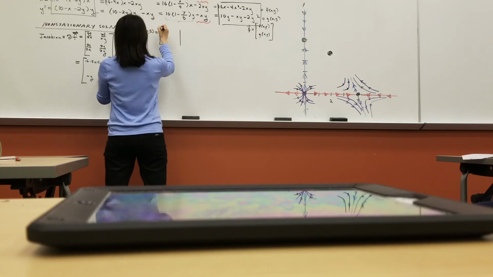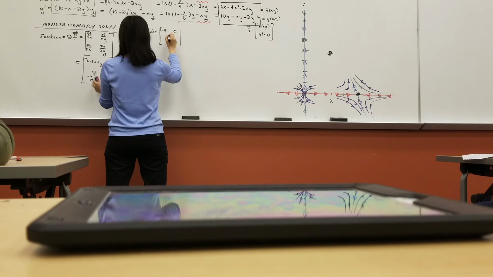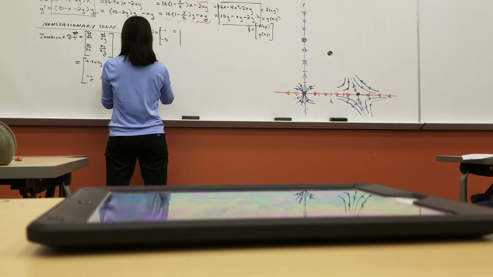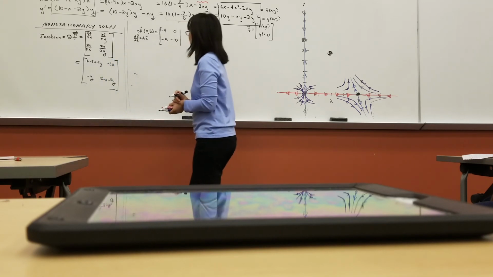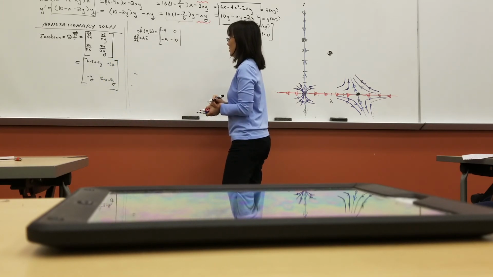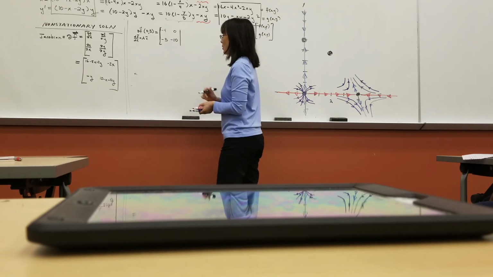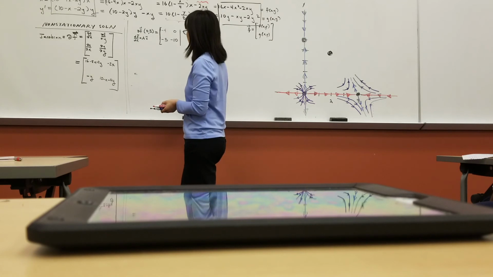Plug this in, I think you get -4, right? And this one was 0. This is -5. And then 0. Did you guys get this? I got 6. Yeah, I got 6. -4, 6 and 0. Oh, really? Okay, oh, I see.